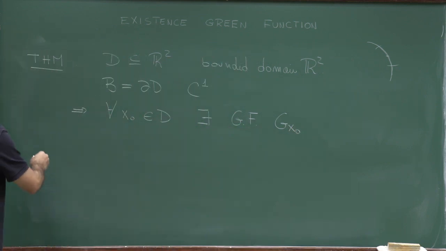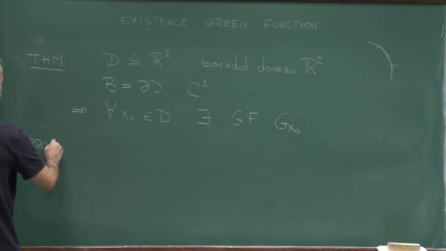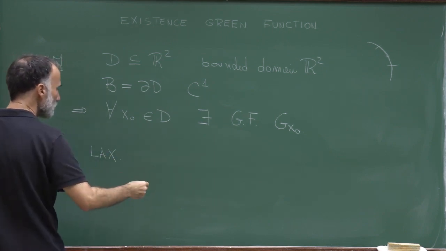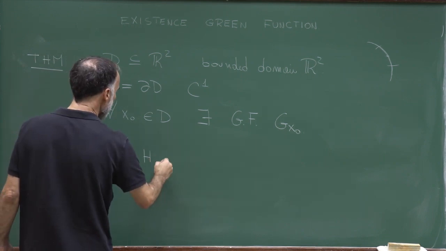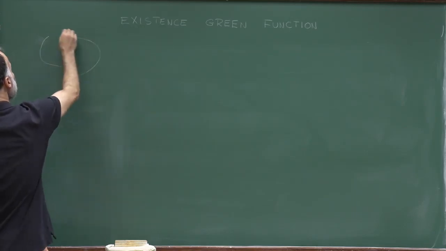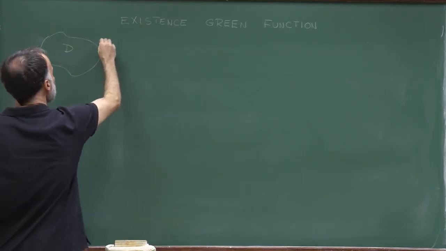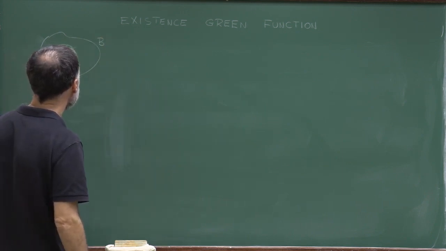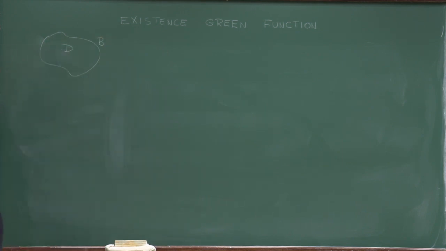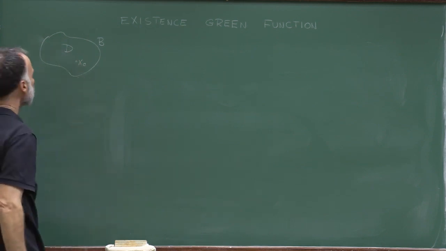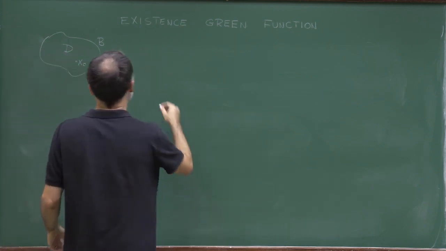And the proof which I will present is due to Lax, and it's based, as you will see, on the Hahn-Banach extension theorem. So I have my bounded domain D, with a boundary represented by B, and I want to prove the existence of a Green function g_x0.